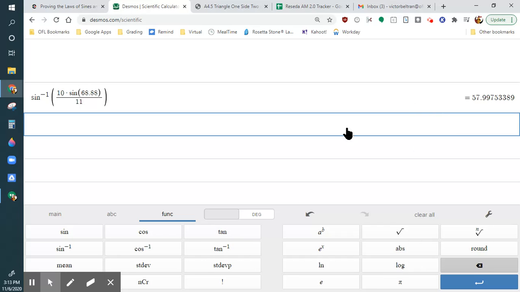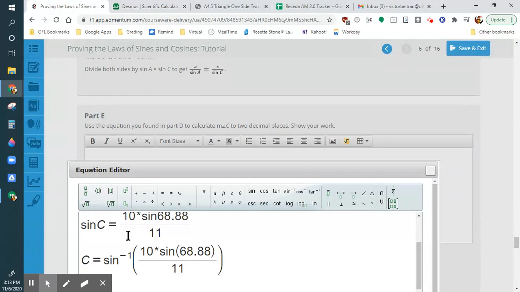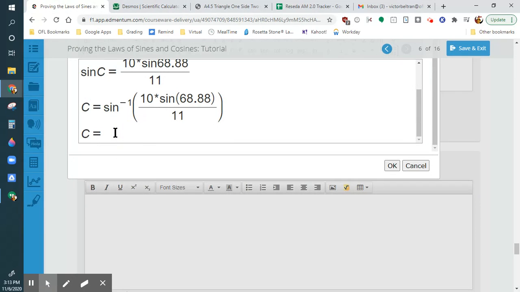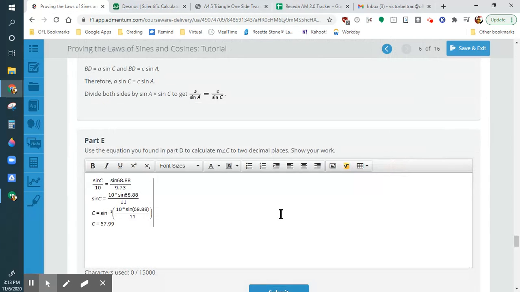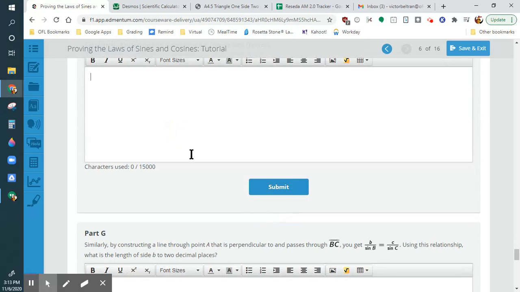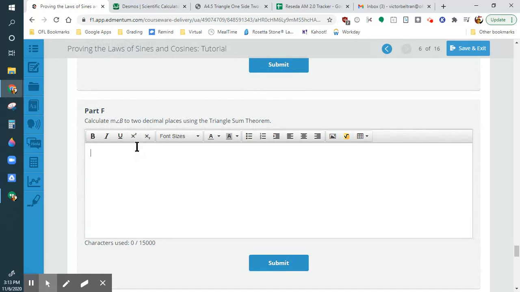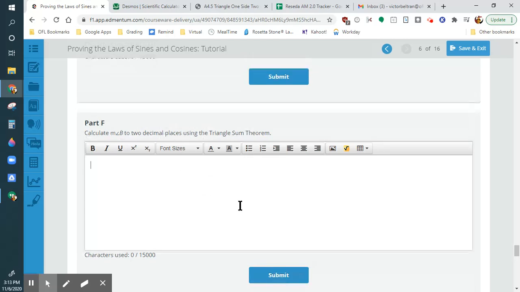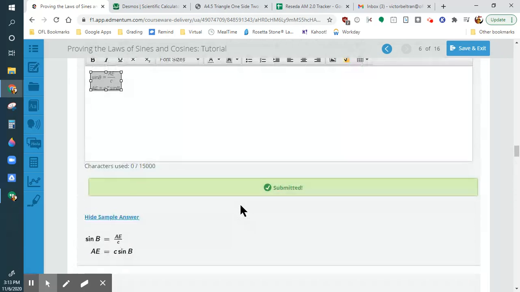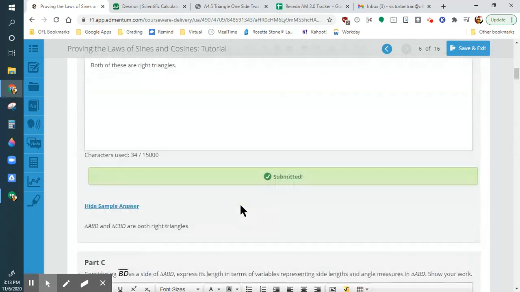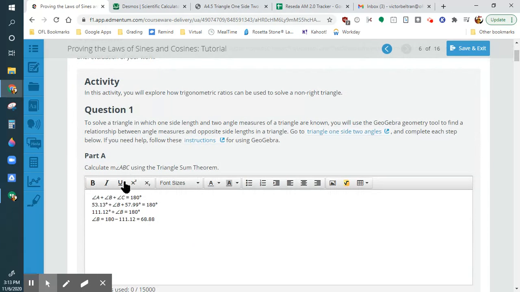Okay, and it's 57.99, which we already knew was there. They were just going like, hey, this should work. So now this is saying like, calculate B using this theorem. Did you already do that? Edmentum, watch your typos.